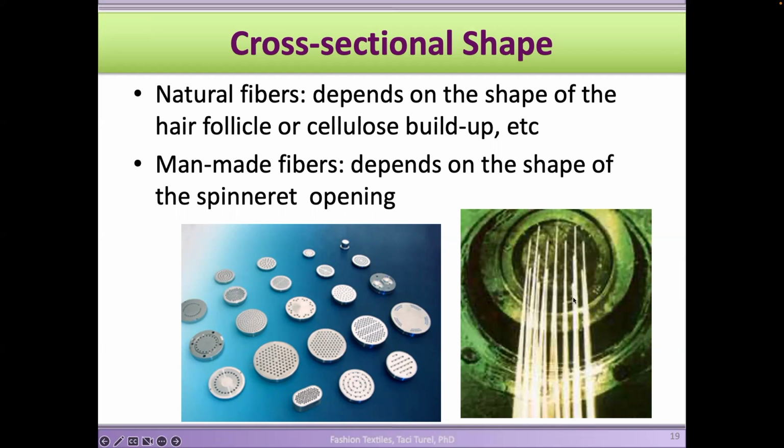Okay, so based on the shape of the hole on the spinneret, you can make them circular, you can make them round, you can make them hexagonal. Your fiber cross-section shape is going to be different. And it will also affect your longitudinal surface.